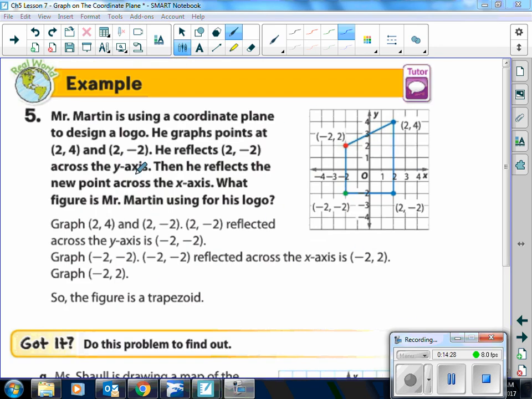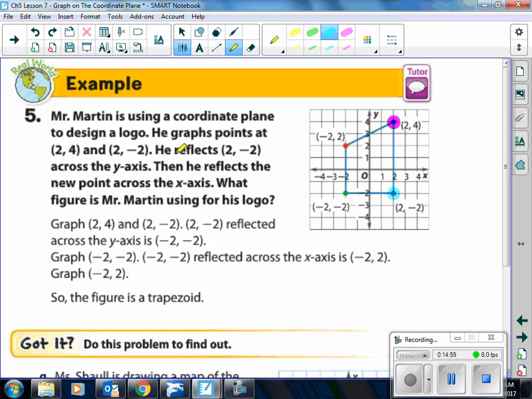So this one, example 5, you don't have to, just watch and pay attention, okay? Mr. Martin is using a coordinate plane to design a logo. He graphs points at 2, comma 4 and at 2, comma negative 2. So he graphs a point at 2, comma 4, which is right there, and he graphs a point at 2, comma negative 2, which is right there.